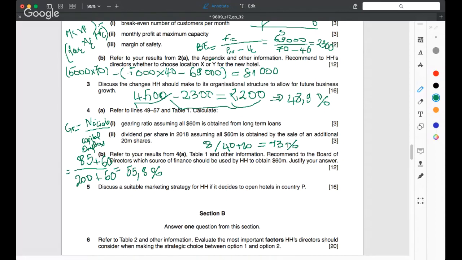So look, you do have dividend per share, 8 by 40 equal 13%, and then you do have gearing is 55.8%. What do you have again?